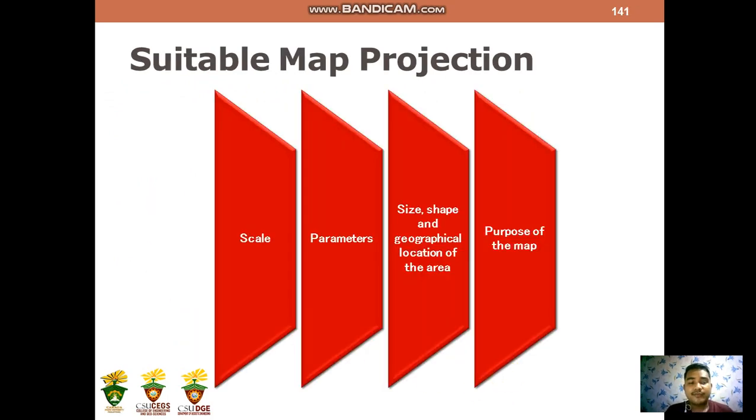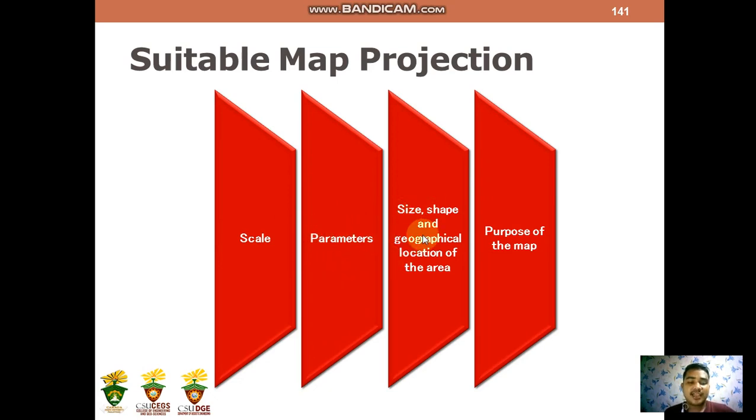And we have also the suitable map projection. Mao ni ang imuhang kung i-consider. First is ang scale. Sa scale sa imuhang gusto nga imong mapa. Large scale ba siya or small scale? Parameters, no? Patunay nga ganina nga kung unsa imuhang gusto i-preserve. No?